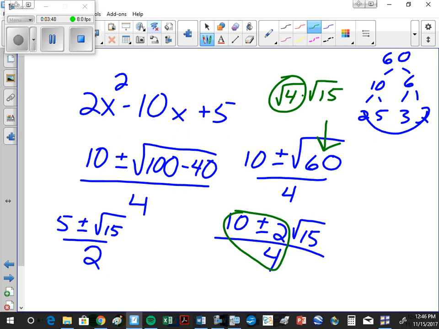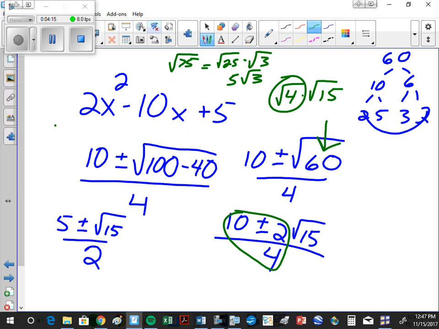So if I had the square root of 75, are there any perfect squares in there? 25. And 75 is 25 times 3. So it's like saying the square root of 25 times the square root of 3, which is 5 root 3. So when we simplify square roots, all we're doing is pulling out the perfect squares.